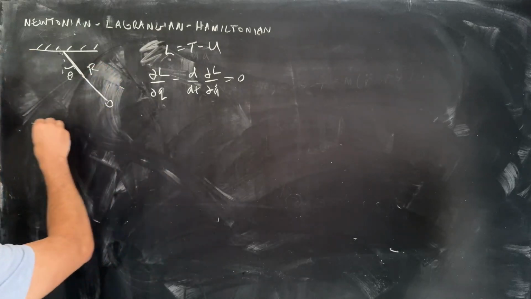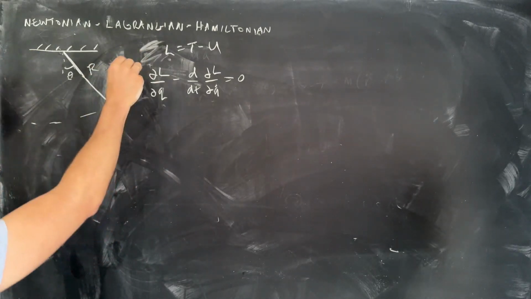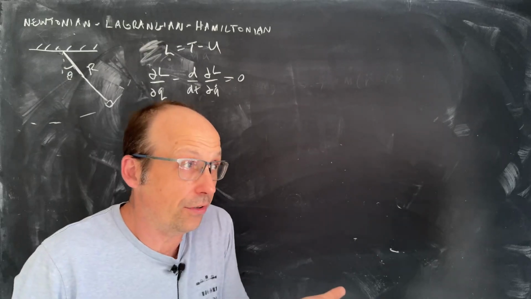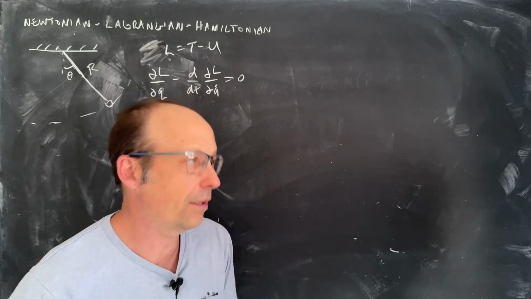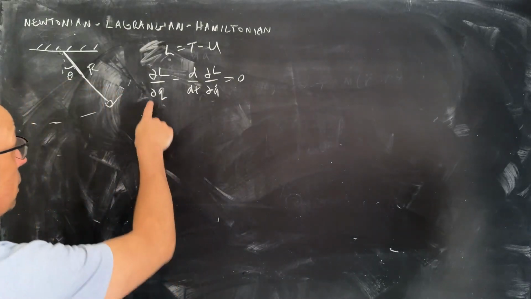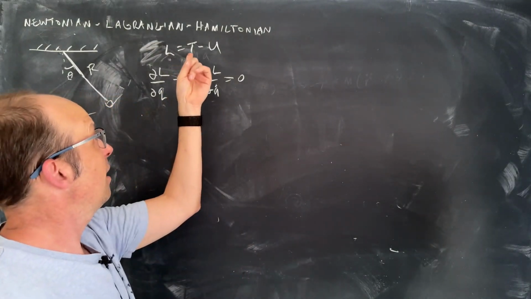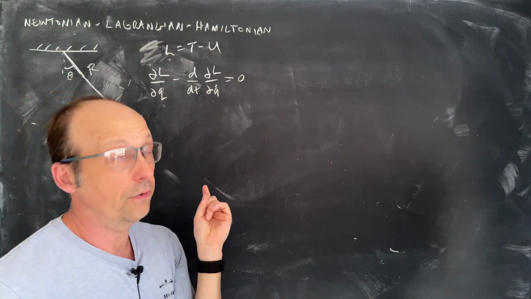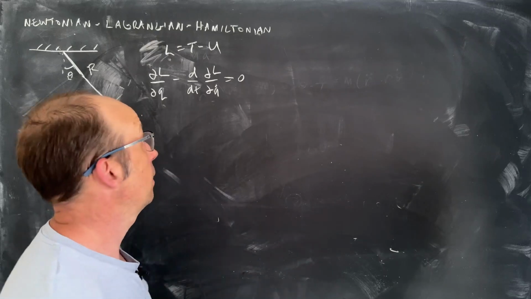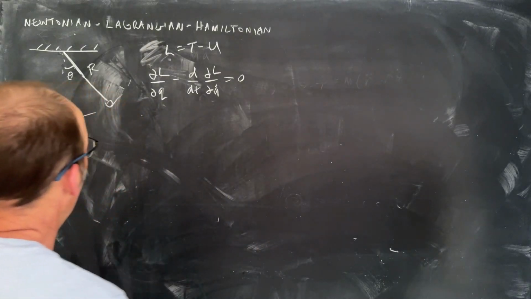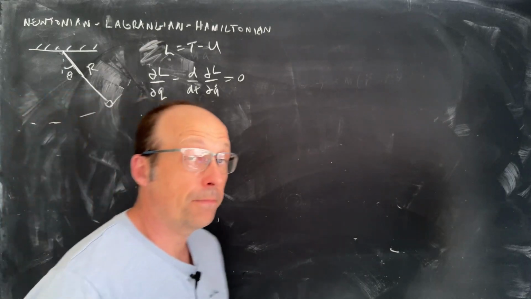So if I have this moving back and forth, and the only thing that's changing is theta, I can say, well, my variable is theta. That's the only one I want to worry about. So I can change the q's to thetas, and I should be done as long as I get the kinetic energy in terms of theta and theta dot, and the potential in terms of theta and theta dot.